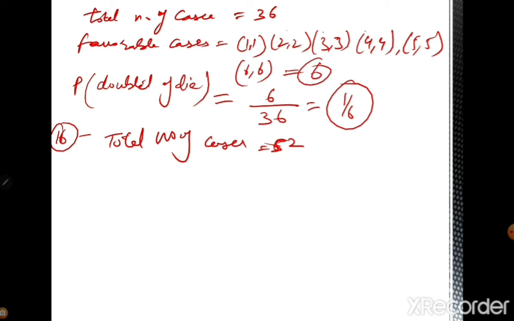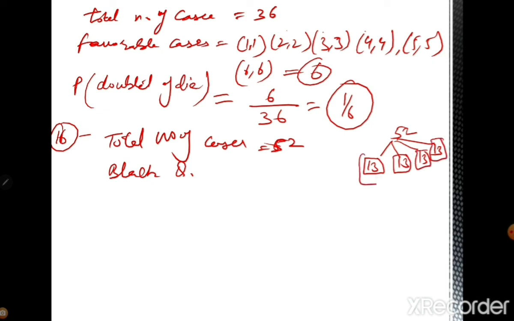We have to find the probability of getting a black queen. Now I'll show you how. So there are 52 cards: 13, 13, 13 and 13. 13 is of heart, 13 is of diamond, 13 is of spade, and 13 is of club.